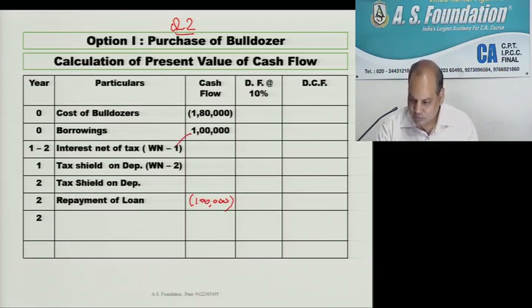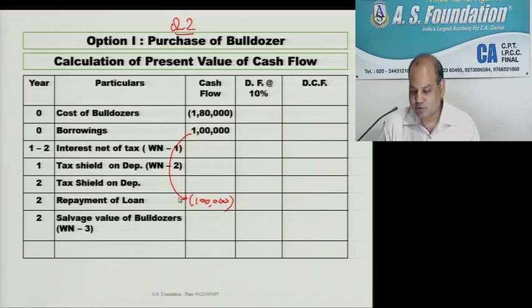And in year 2 one more thing: salvage value of bulldozer, net of tax, working note 3. Because the problem says if there is a gain on sale, it is subject to tax.